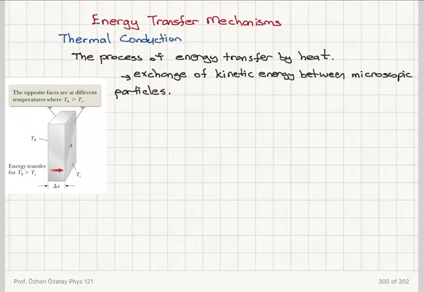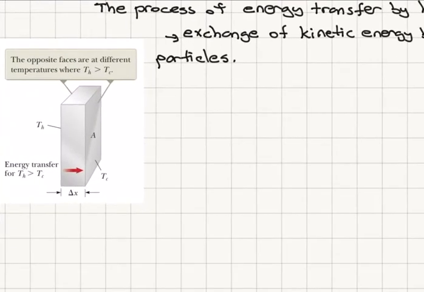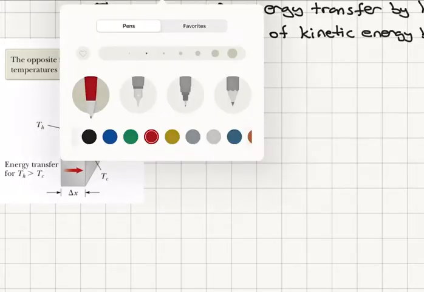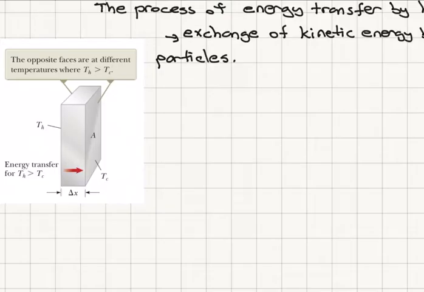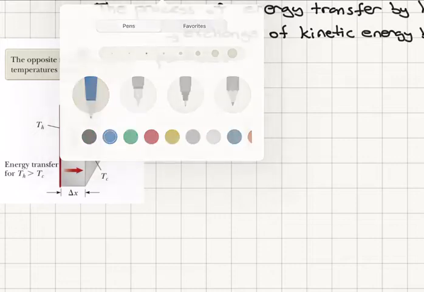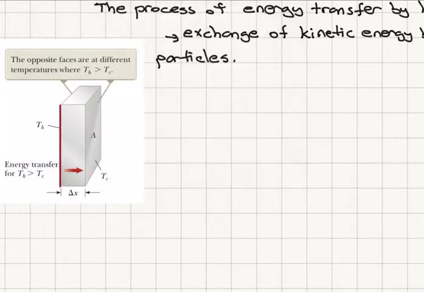And if we look at a substance here, a sample, and we have connected one side of the sample to a hot energy reservoir, so this boundary is kept hot, and one side is kept cold, so this boundary is kept cold.